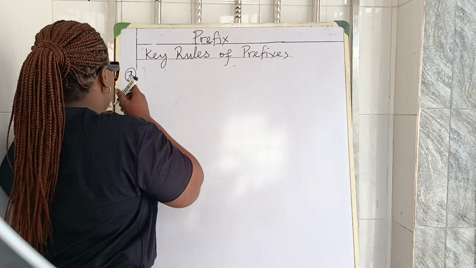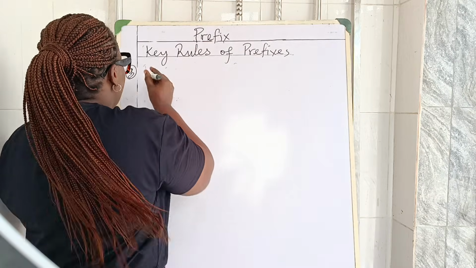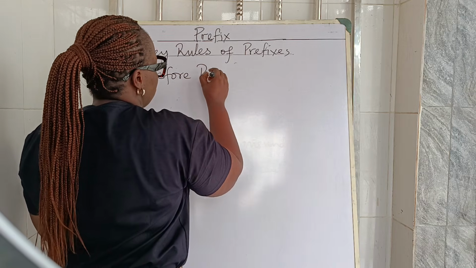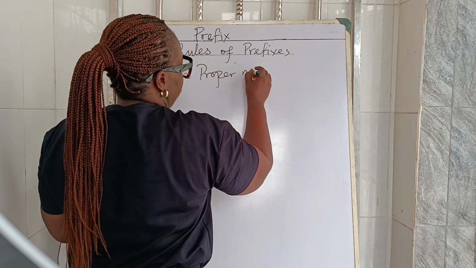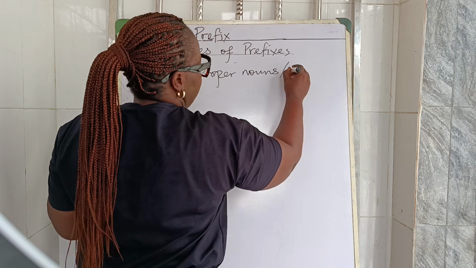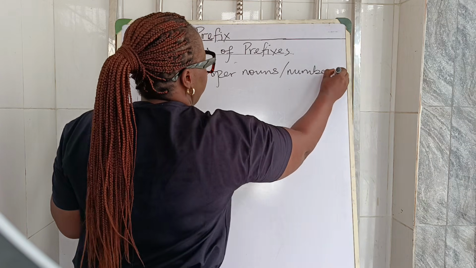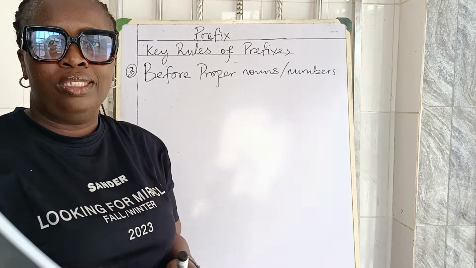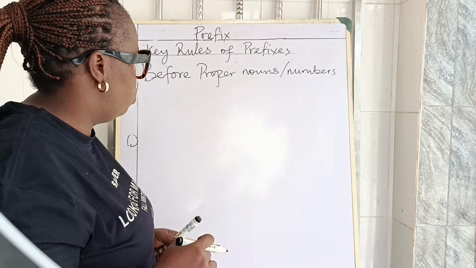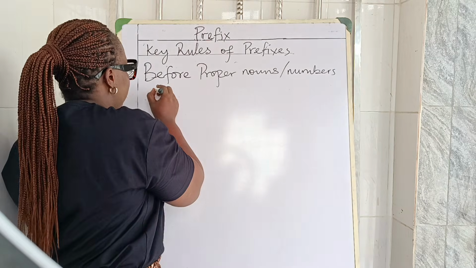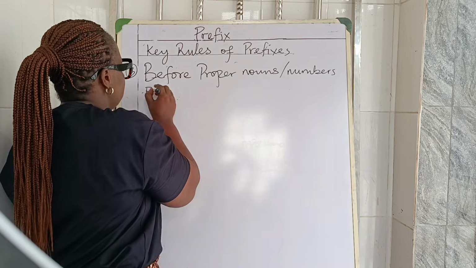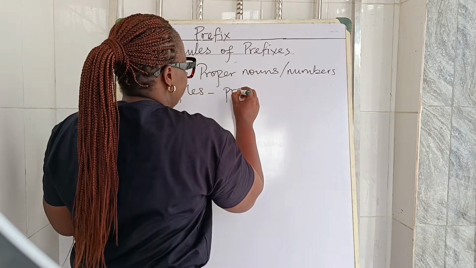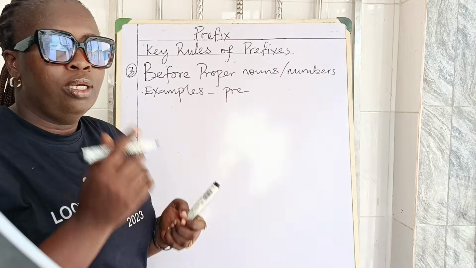Let's look at number 3. Number 3 is before proper nouns or numbers. An example is pre-1992. That is before 1992. You have pre, you put your hyphen.